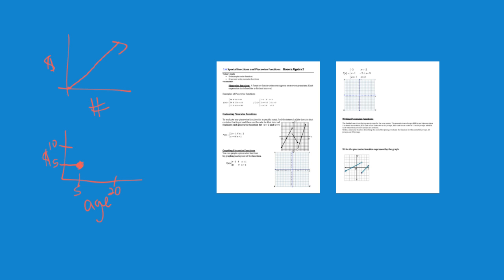So if you're 5 years old, you still get the lower rate. But once you're 6 and older, you're going to pay the bigger rate. And maybe people who are 20 to say 65 pay one rate, and then senior citizens pay another rate, and maybe senior citizens go back down to another value.